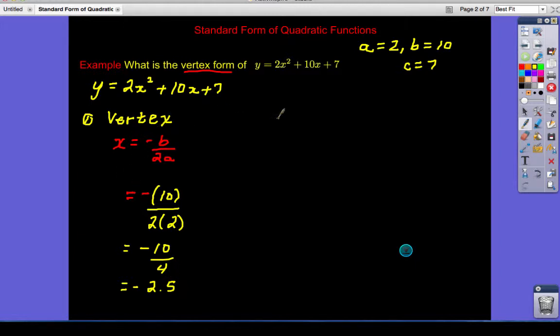Here's my x-coordinate. Now the y-coordinate: y equals 2 times the quantity, and we're going to substitute what we found for x, which will give us the y-coordinate of our vertex. So negative 2.5 gets plugged in for x.